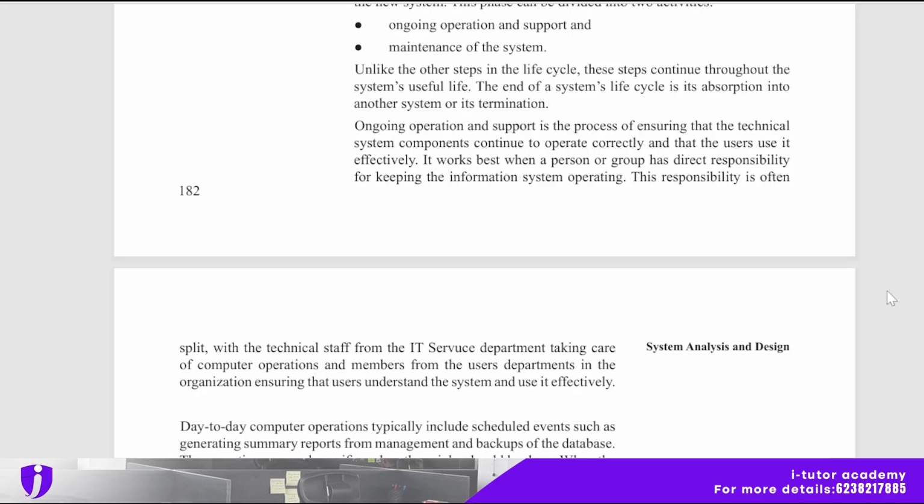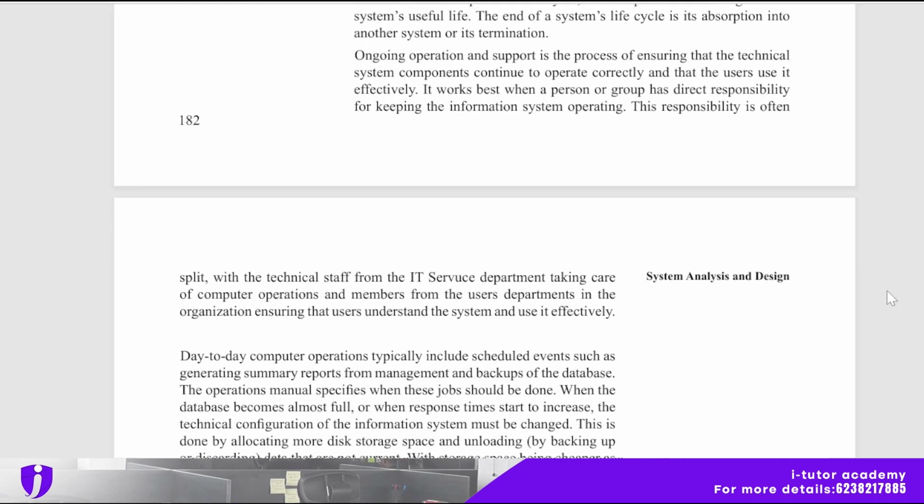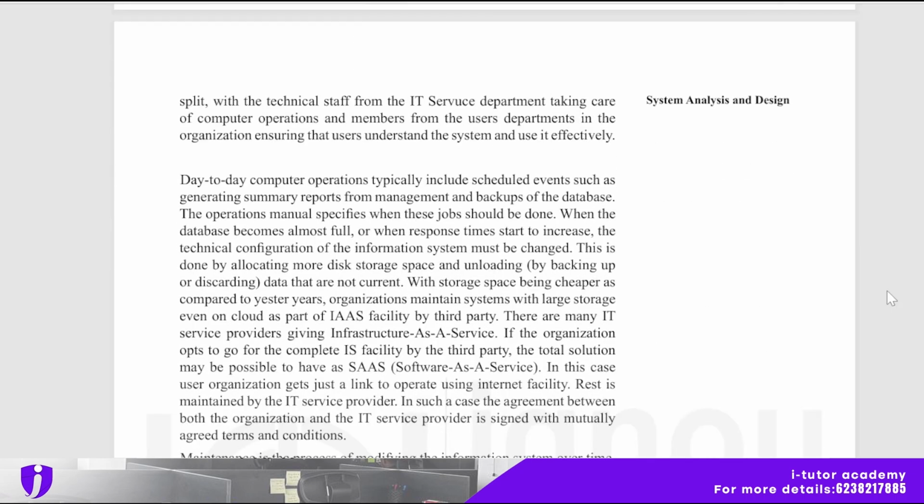This responsibility is often split, with the technical staff from the IT department taking care of computer operation, and a member from the user department in the organization ensuring that users understand the system and use it effectively.